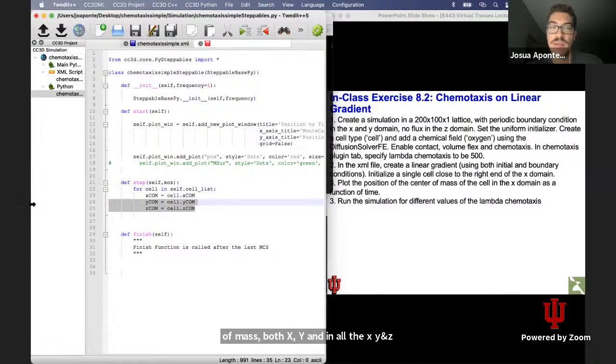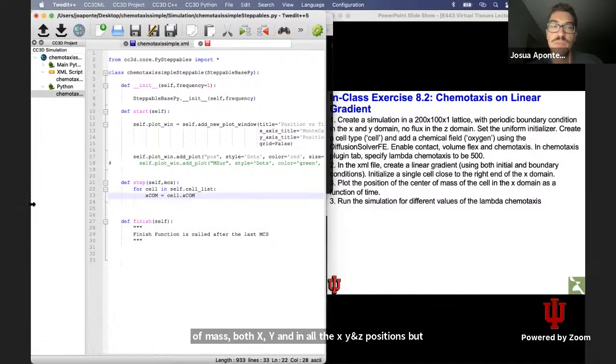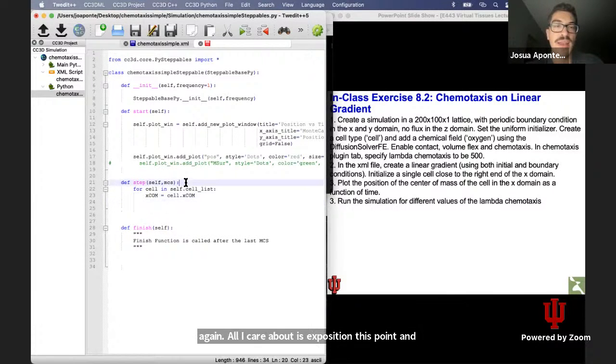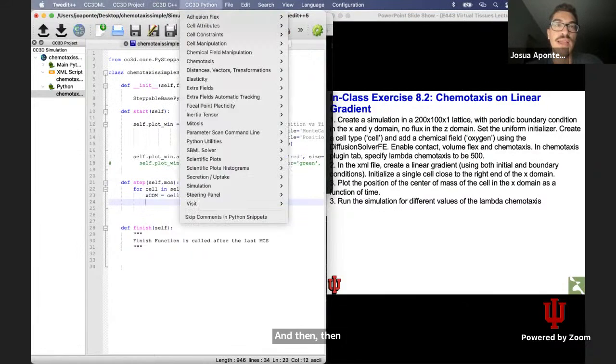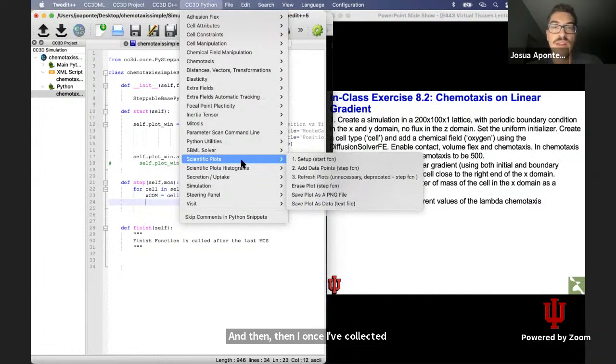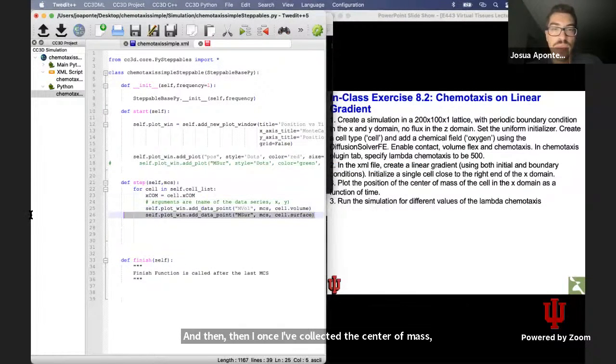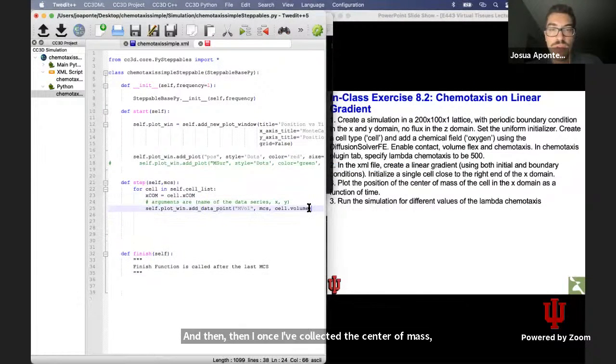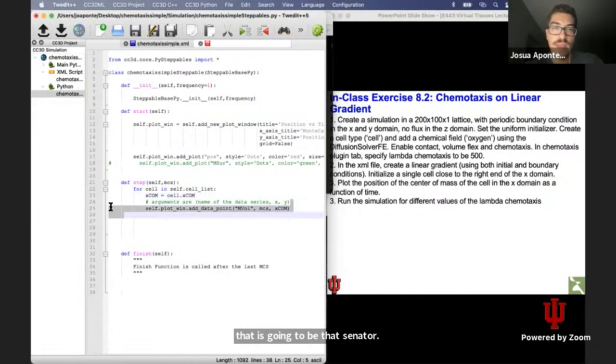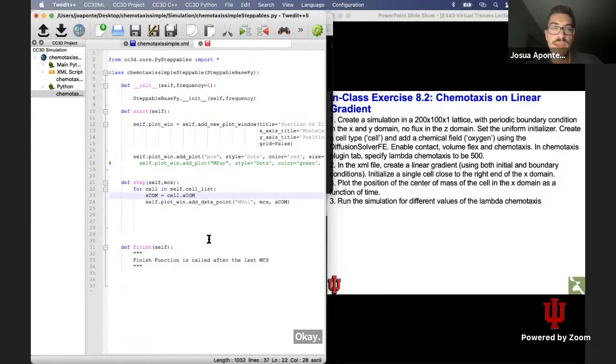But again, all I care about is the X position at this point. And once I've collected the center of mass, I can add a data point that is going to be that center of mass. Okay, and that's all we need to complete this exercise.